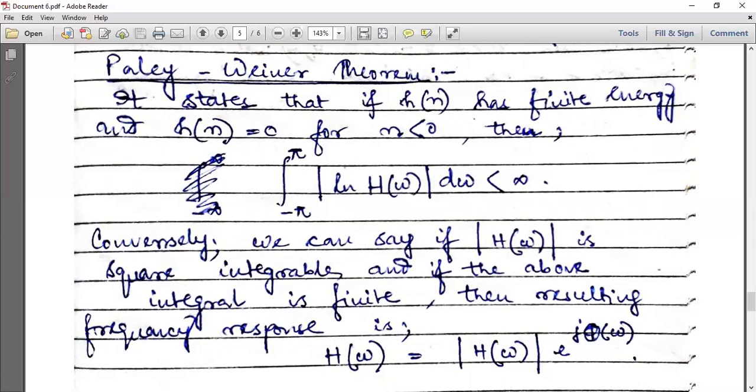In practice, H of omega cannot have an infinitely sharp cutoff from pass band to stop band. It is not absolutely necessary to have an ideal filter response in most practical applications. However, it is possible to realize causal filters that approximate the ideal filters as closely as desired.